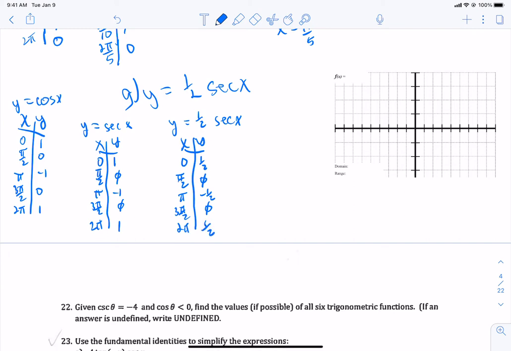Okay? So now we have everything we know. Remember, the secant bounces off the cosine curve. And wherever the cosine curve hits 0, it has to be an asymptote. So sometimes I just graph the cosine curve. Okay, so let's make this a half and this a negative 1/2. I'm going to count just the way I did from the original, since we don't really have a change in our x.